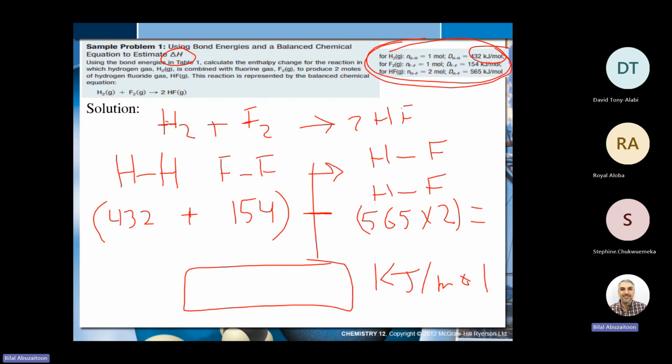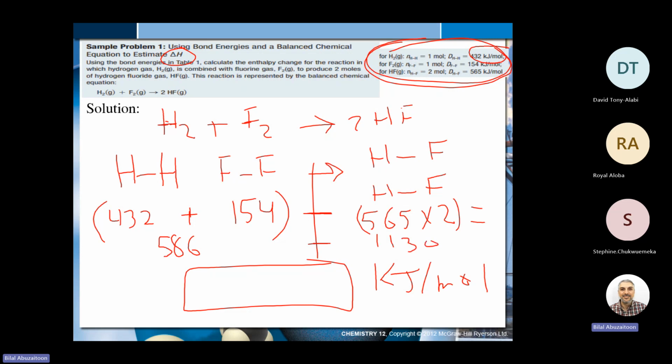Now tell me. The overall, or what? No, 432 plus 154 equals 586. I meant together 586. 565 times 2 is 1130.